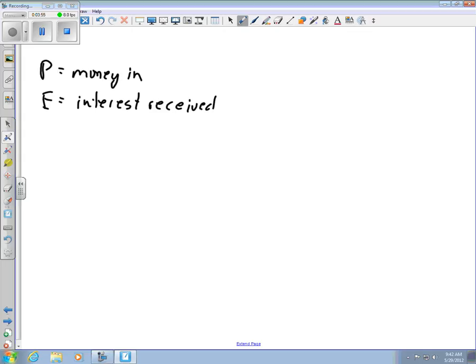If you put, say, $200 in, and that therefore is your price, and your earnings were, say, $20, then your PE is equal to 200 over 20, or 10.